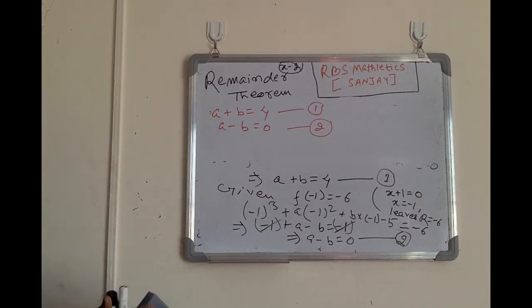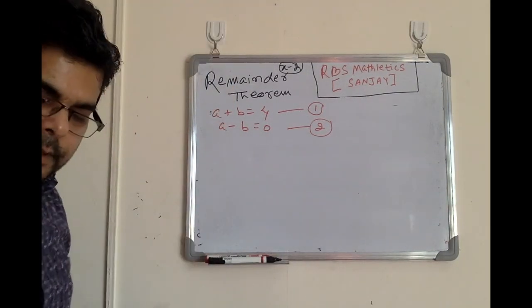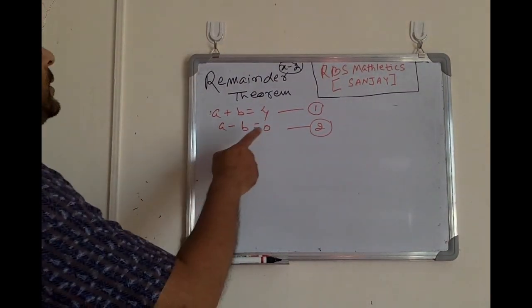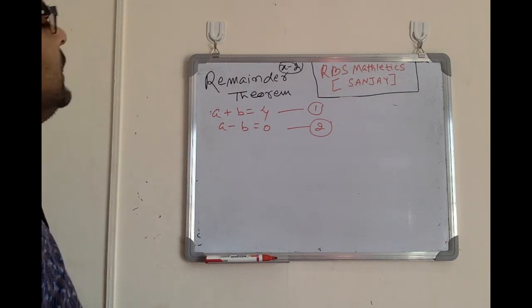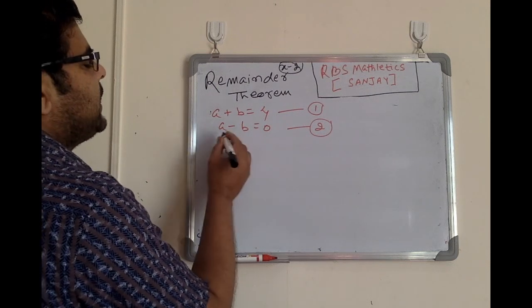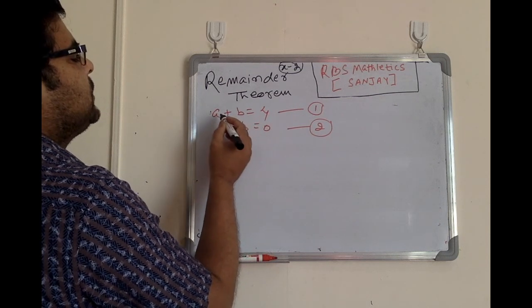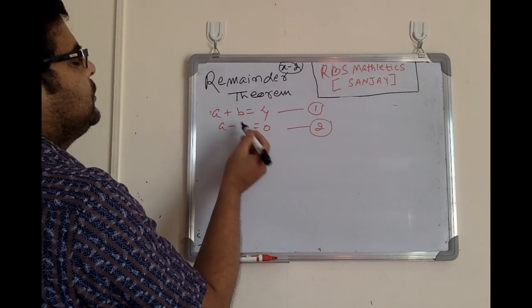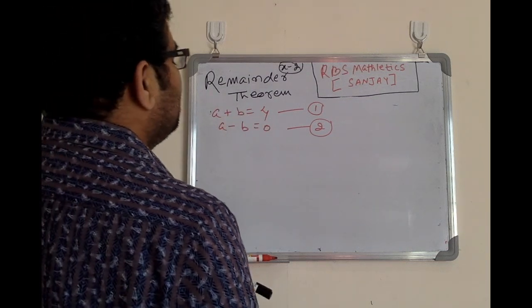And now I will clear some space so it can be easily solved. Because a minus b equals 0, you don't need to use a calculator. Either you can write a equals b, and in equation 1 you put b in place of a, or a in place of b, and then you get the value of a and b.